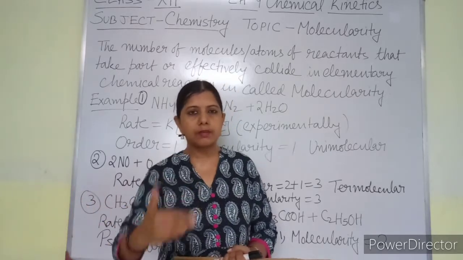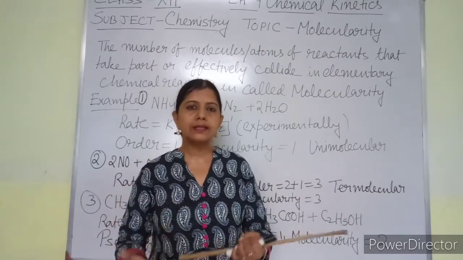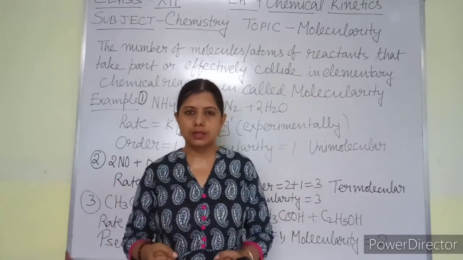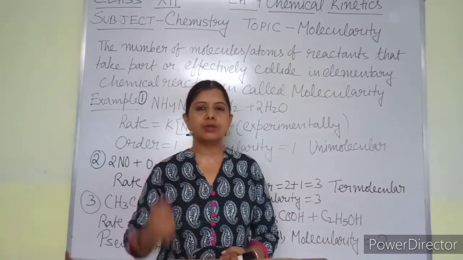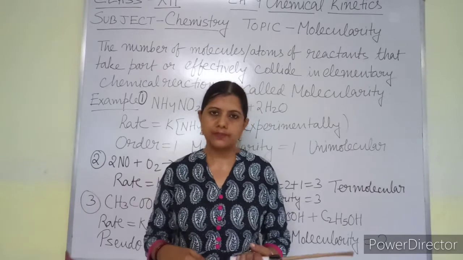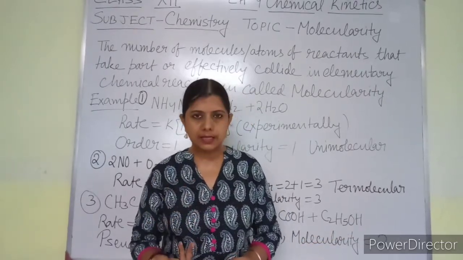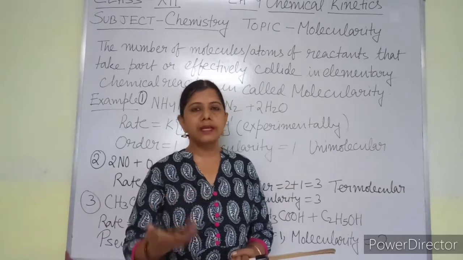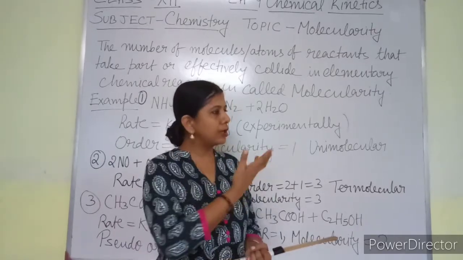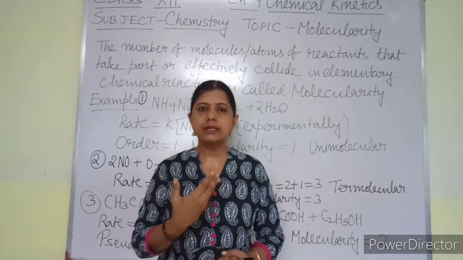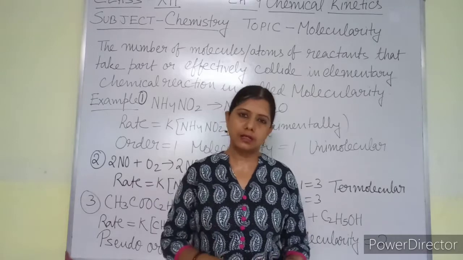That reaction can be broken into more than one step where the effective collision occurs, and we have to consider a single step to find out the molecularity of a reaction. That kind of reaction is generally known as a complex reaction. I am coming to complex reactions later on. First, molecularity of a single step reaction, I am going to give you some examples so that you can understand.